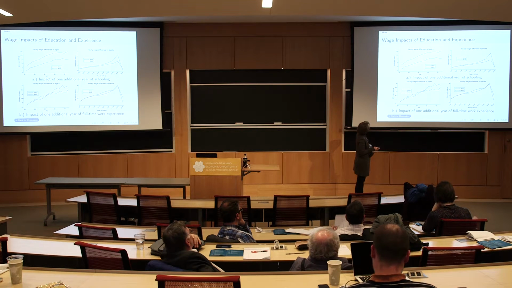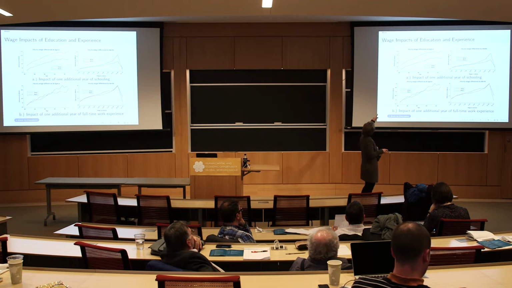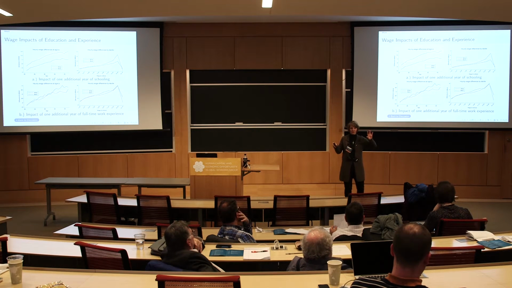Why do I not have the effects on experience? Is this the one that I wanted to go to? Wage impacts. Oh, this is just the marginal effect of experience.